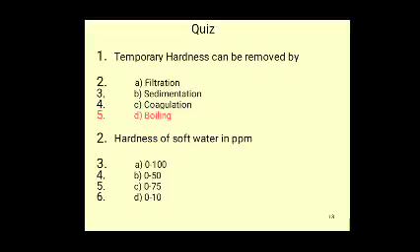So now, hardness of soft water in ppm. Option A, 0 to 100. Option B, 0 to 50. Option C, 0 to 75. Option D, 0 to 10. Now the answer: 0 to 50. Option B is right.